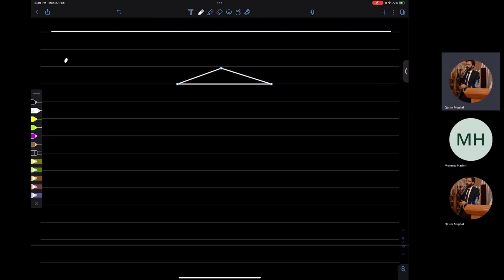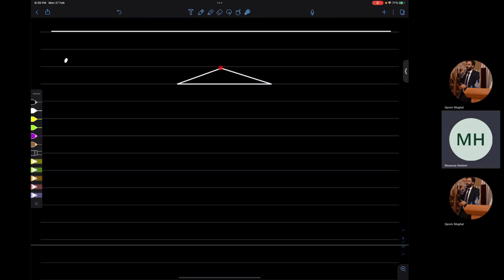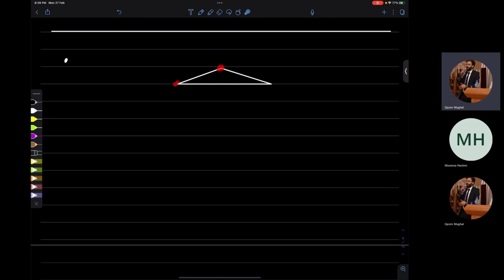Apparently it looks like we won't be able to draw a circle through it, but technically, if I consider this as a chord of a circle and this as another chord of the circle, and I draw two perpendicular bisectors, this would be the center and I would be able to draw a perfect circle through all the three vertices.